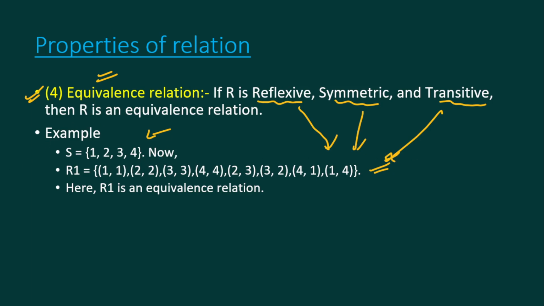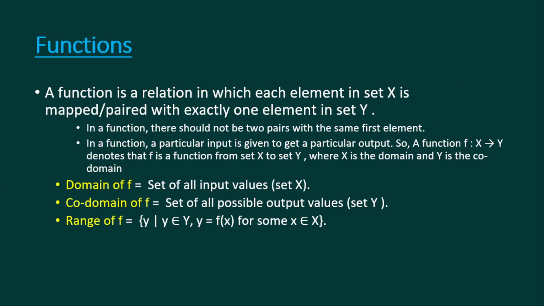Okay, now let's move toward our next topic, that is function. A function is what? It is nothing but a relation in which each element in set x is mapped or paired with exactly one element in set y.